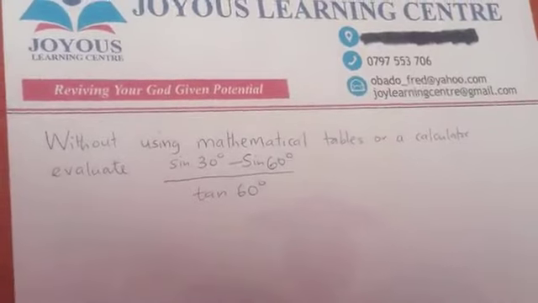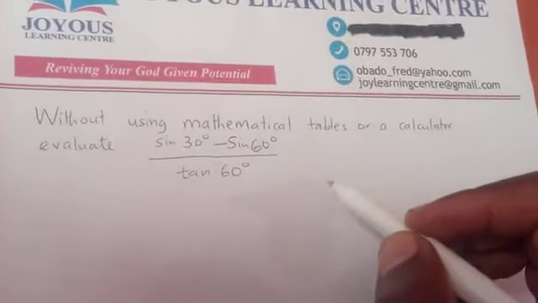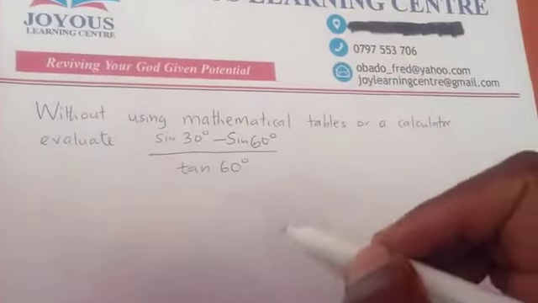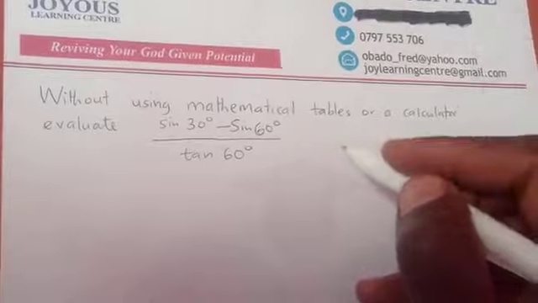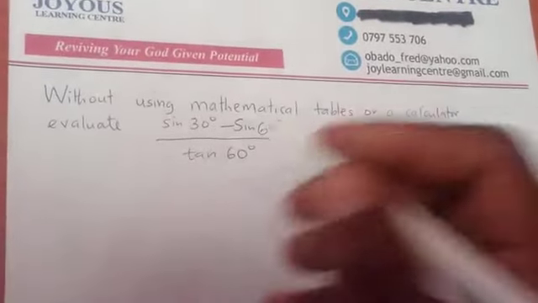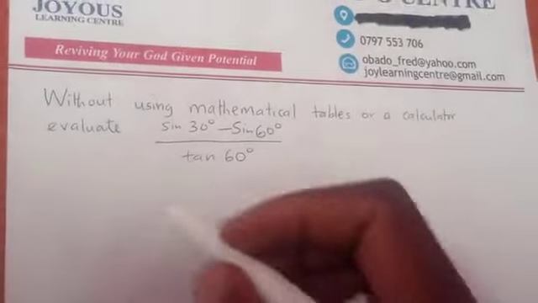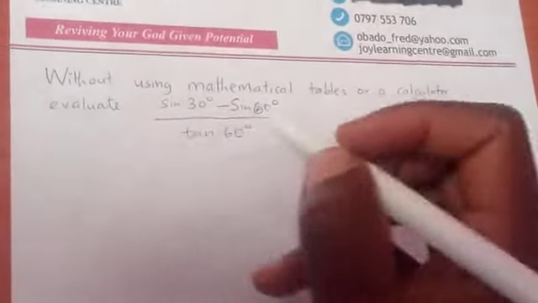And just to remind you, there are various things that you need to understand before you tackle this question. One thing, the trigonometric ratios of common angles. We did it previously, but I can remind you, so it went like this.